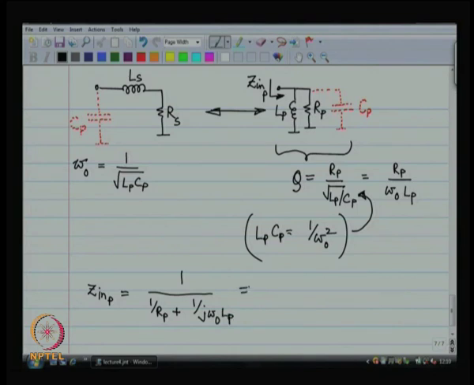Omega 0 is the frequency of interest, where I want to make sure that the two networks are identical.